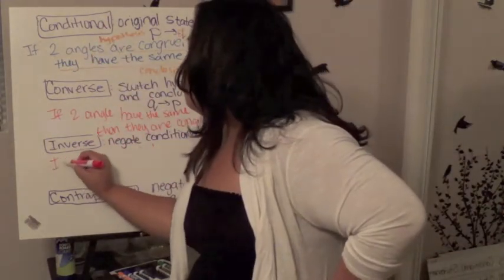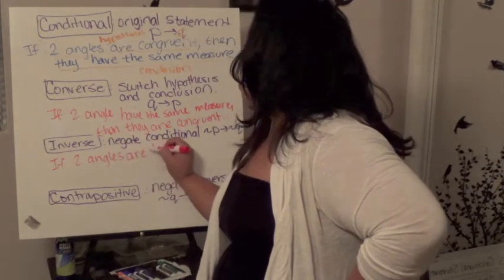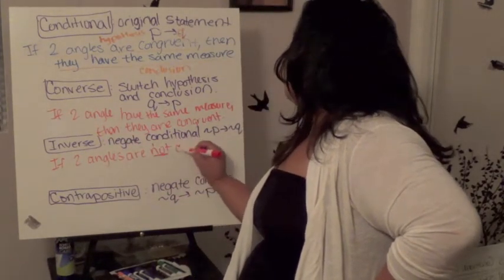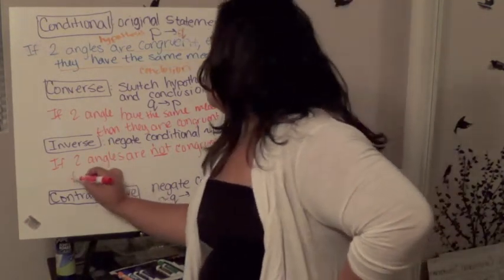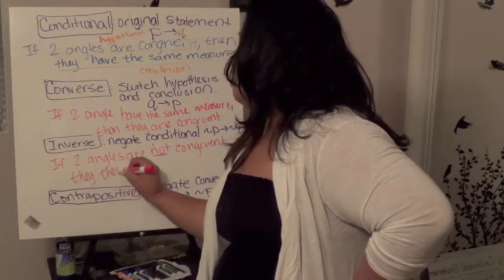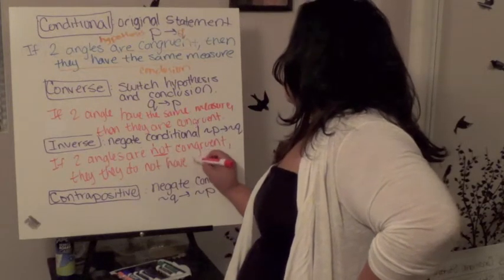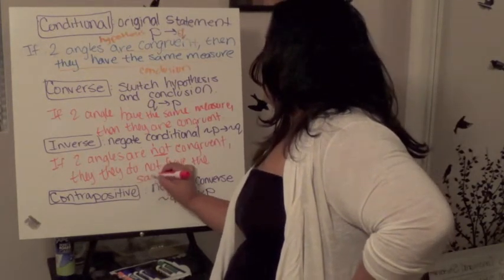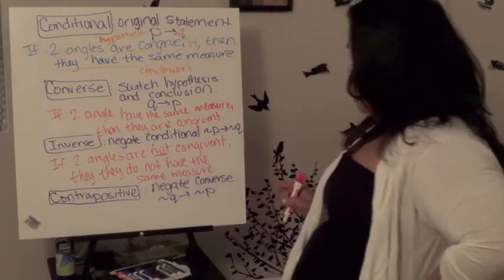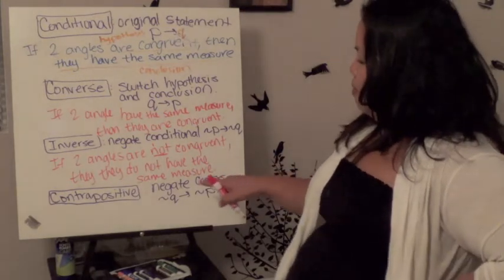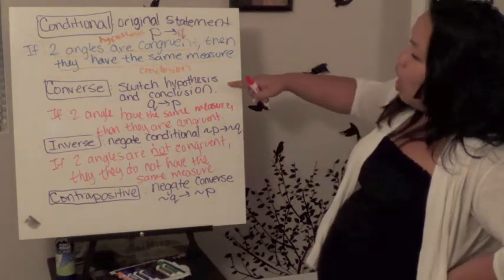So if two angles are not congruent, that term not, I don't know why I chose such a long statement, then they do not have the same measure. So it's the same one, except they both have not.